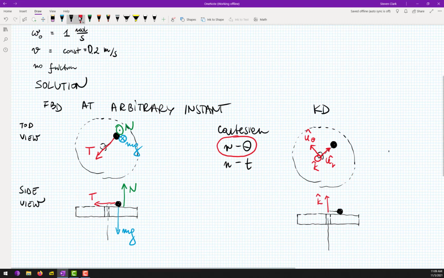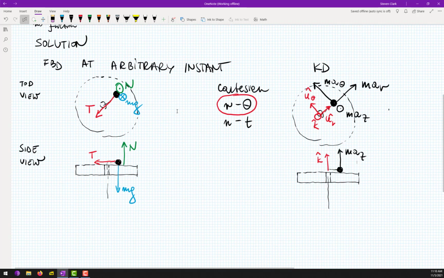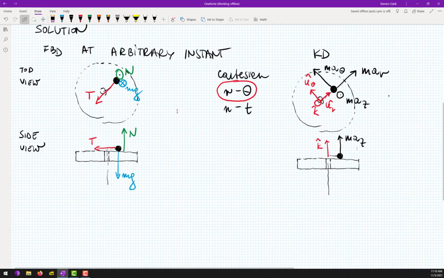Once we have our coordinate system, we can draw our inertia forces. So this is MAR, this will be MA theta, and this will be MAZ. Okay, we are done with our kinetic diagram. So what was the next step in our solution? Equations of motion, right?